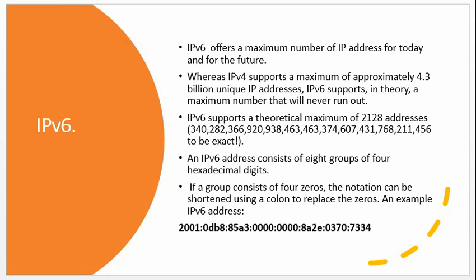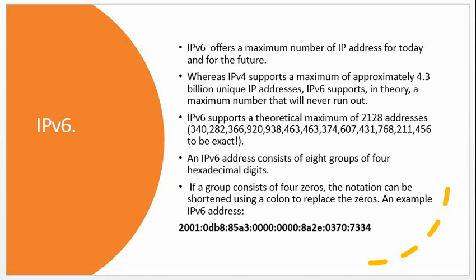Right. So to cater for the resultant lack of IP addresses as a result of running out of IPv4 addresses, came the concept of IP version 6, which offers a maximum number of IP addresses for the current use and for future use.